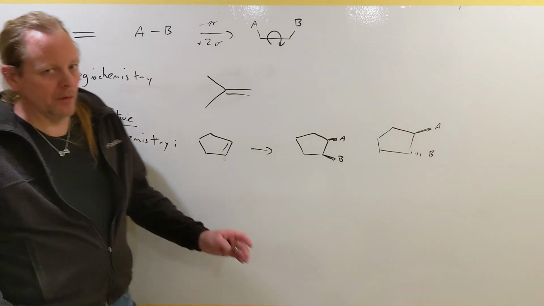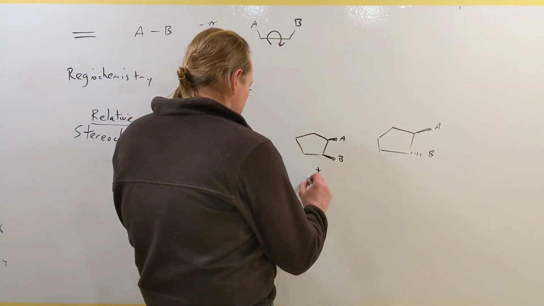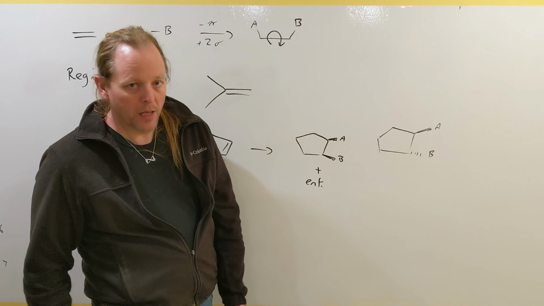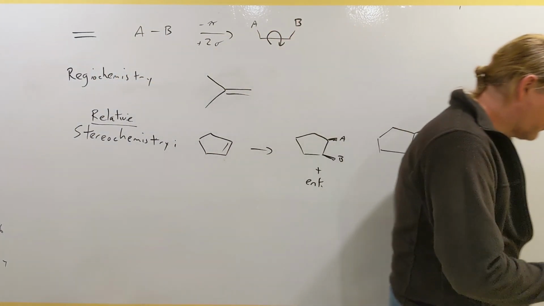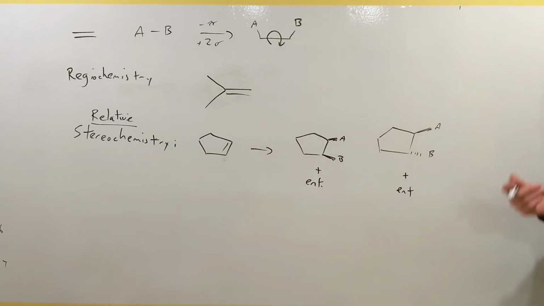That means we're going to be looking at this plus its enantiomer, and this plus its enantiomer. In any case where one of these forms, we're going to get the enantiomer as well. We do not have enantiomer control here. We're talking about relative control of diastereomers based on how the mechanism works. We'll talk about that more in specific examples.